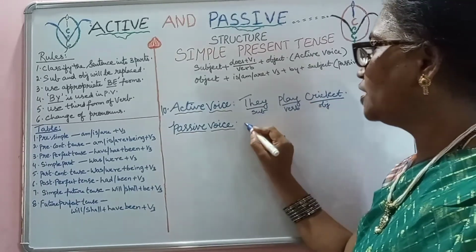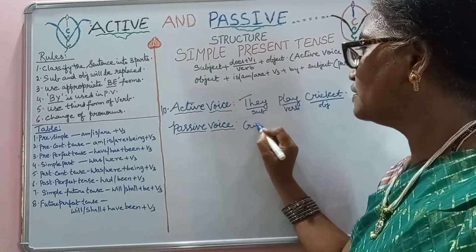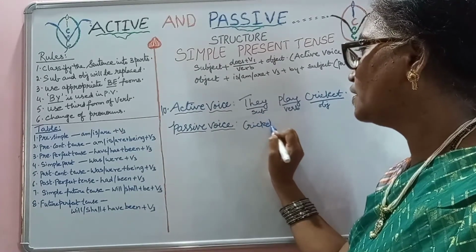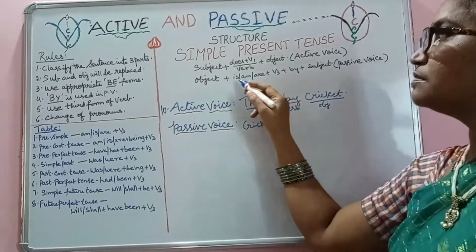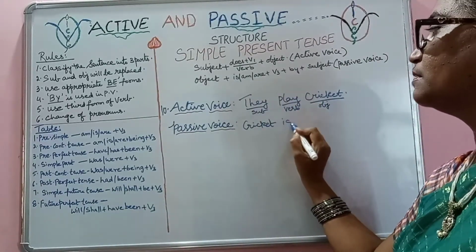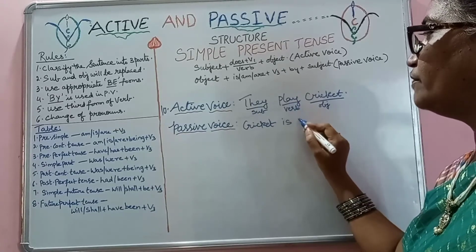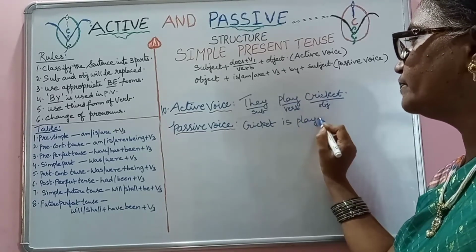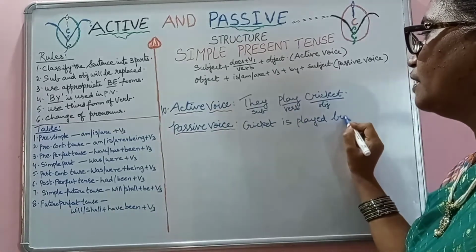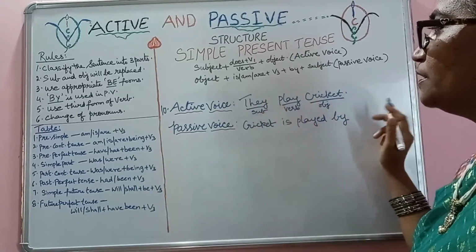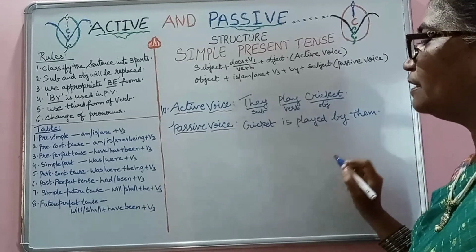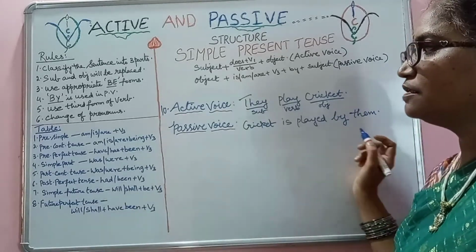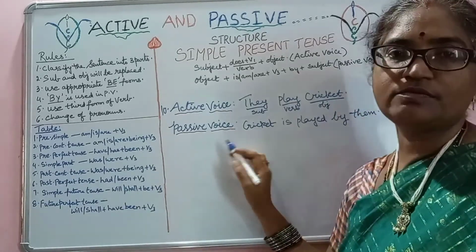And object will come to the subject place as mentioned here, cricket, and cricket is played, play will change into played by them, they will change into them. Cricket is played by them. That is the sentence we change into the passive voice.